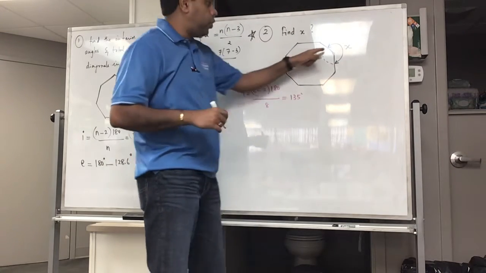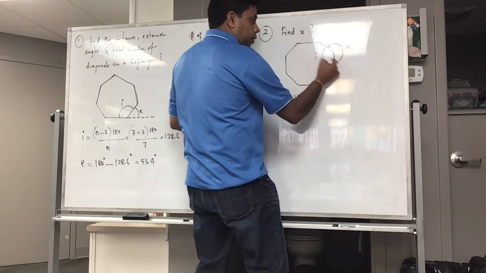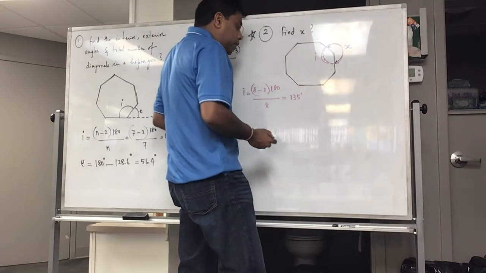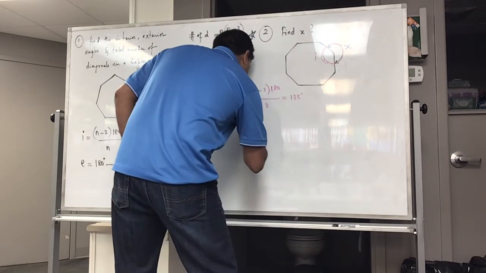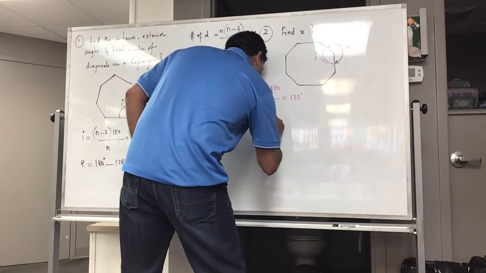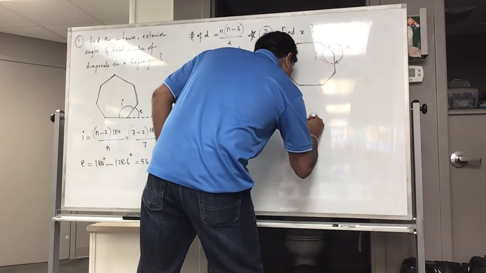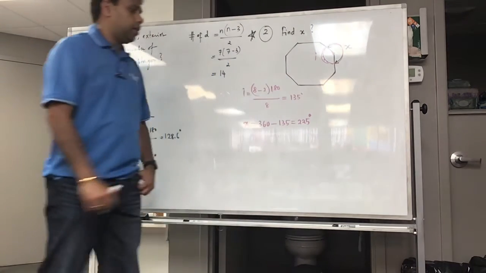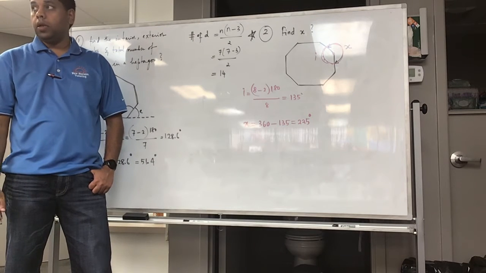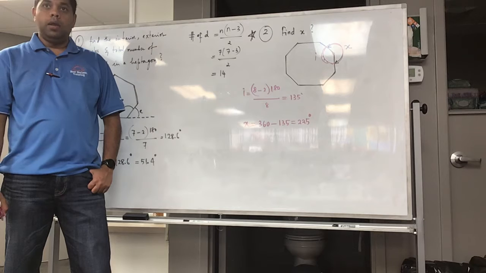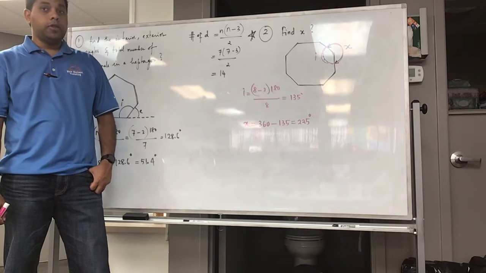If this is 135 and this point forms a circle here, you can see that, right? And a circle is how many degrees? 360. So x should be equal to 360 minus 135, which is 225 degrees. Right? That's method 1.